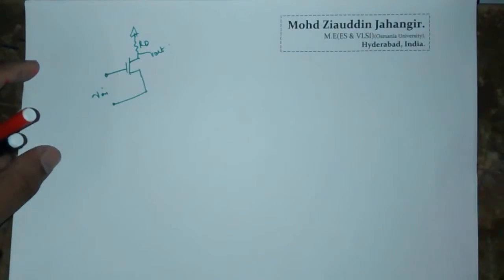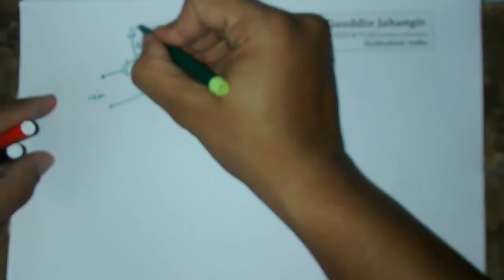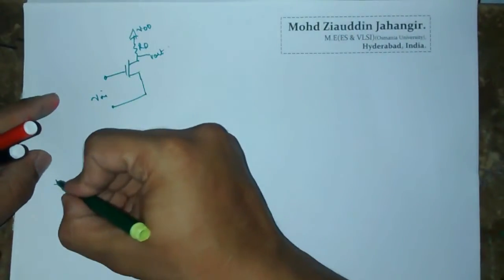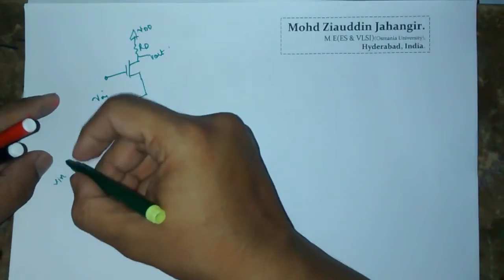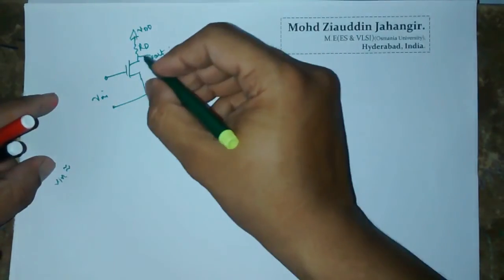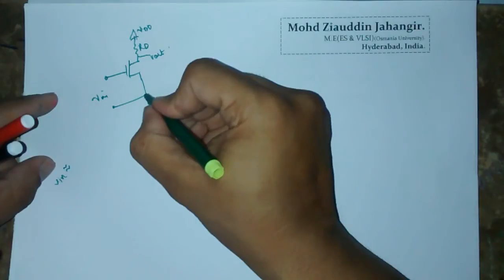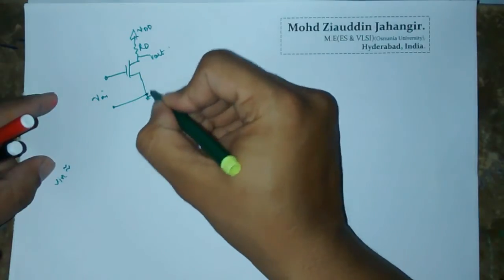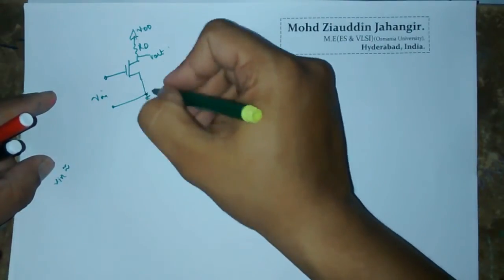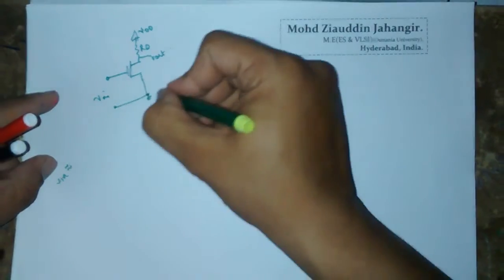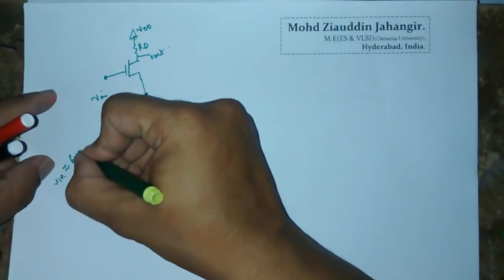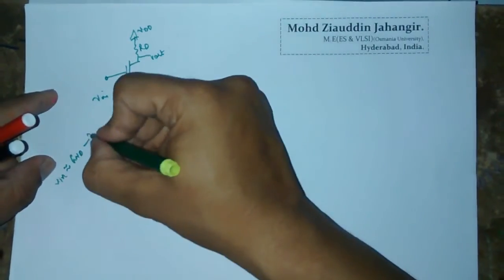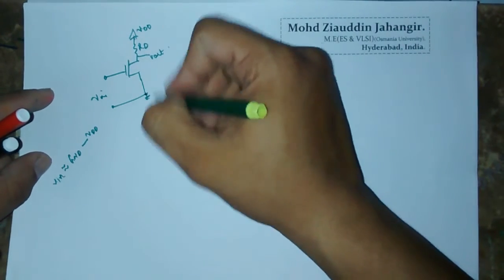So what is meant by large signal? That means if your signal Vin is comparable, that means it varies between the extremes of your power supply. What is the extreme? My lower extreme is my ground. If it flows from ground to the upper extreme VDD, that means it is comparable.